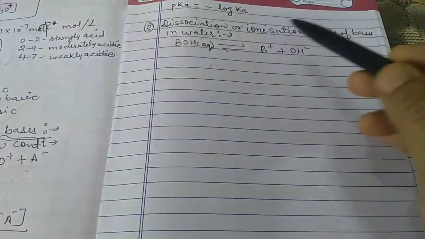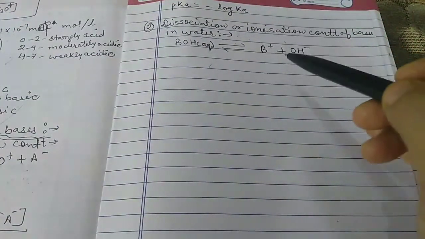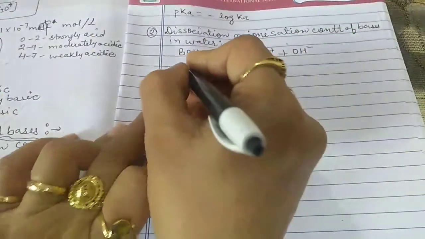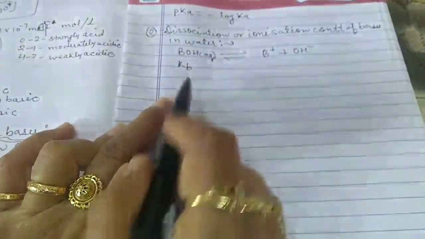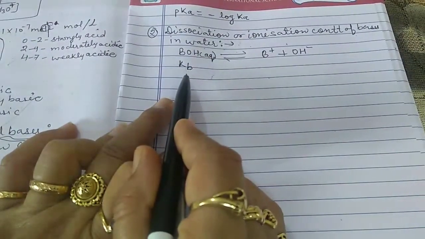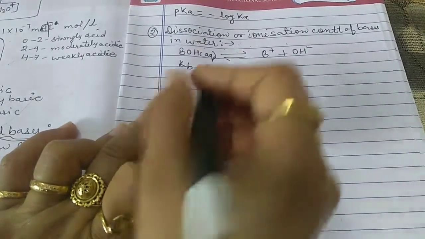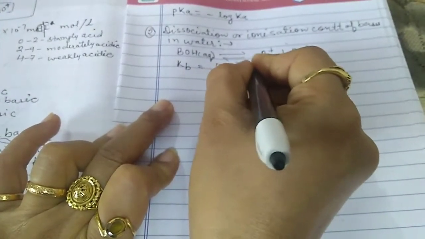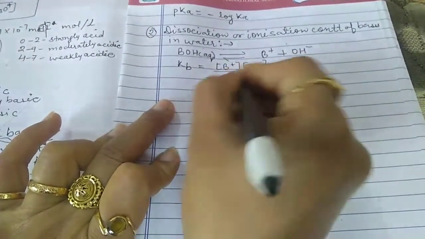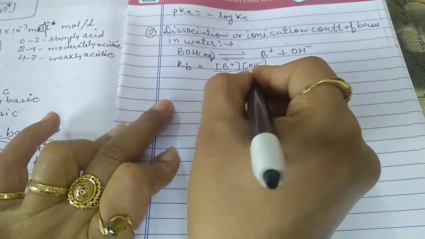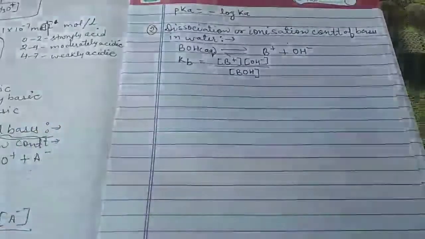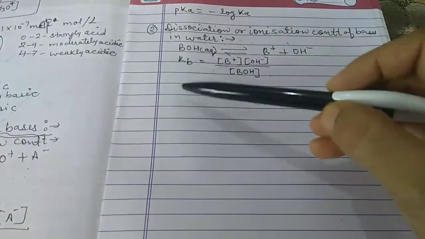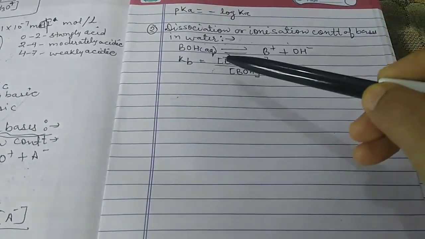If we want to represent it in the form of an ionization constant, it is known as Kb. This is the ionization or dissociation constant for bases, equal to B plus times OH minus upon BOH, and Kb is the constant. Keep in mind that the concentration of water remains constant.